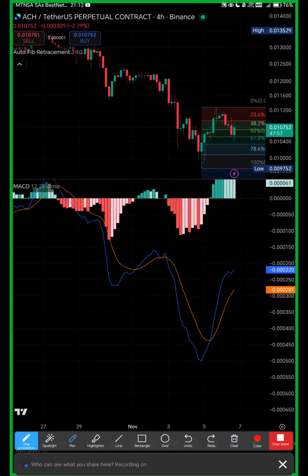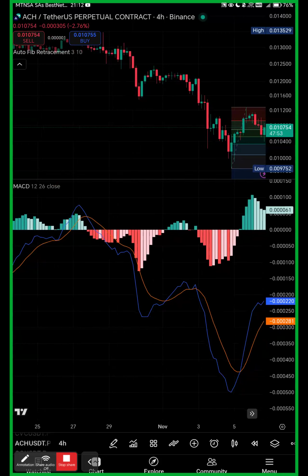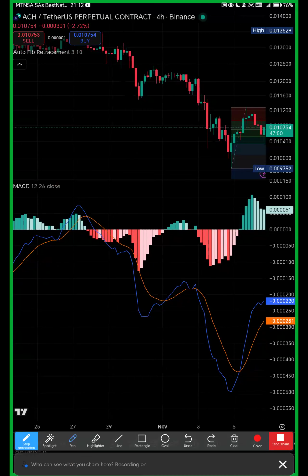As you can see here, it came from above. This is the zero line, which separates the segment into two. So the blue line will come from the top and cross the orange line.